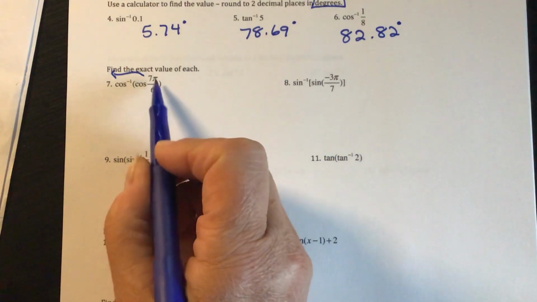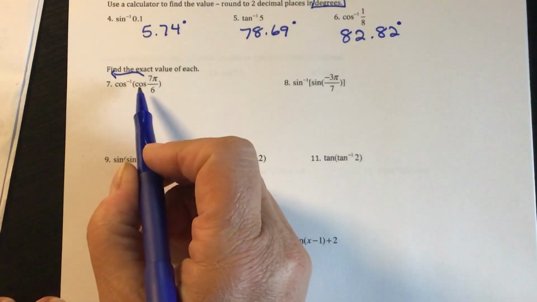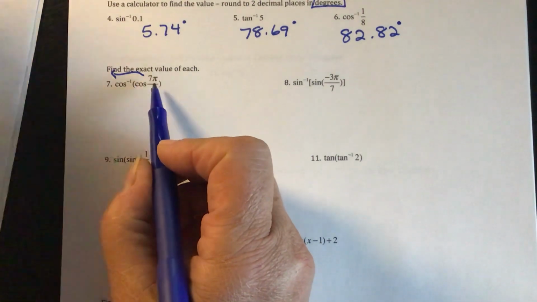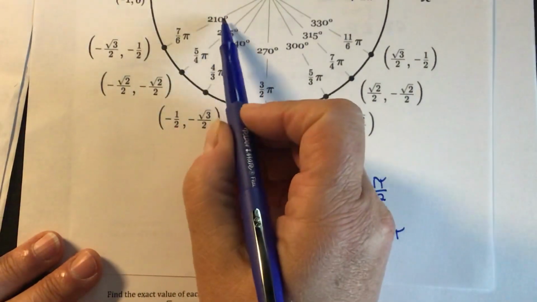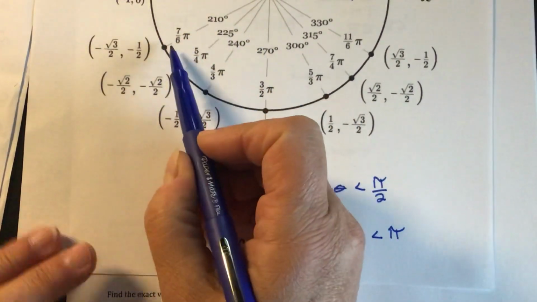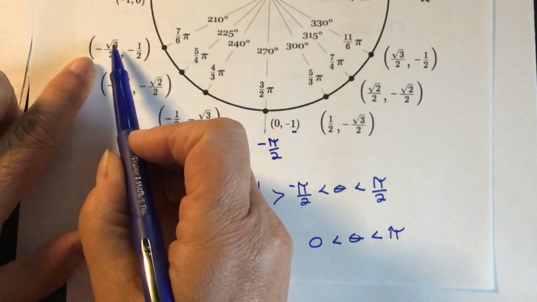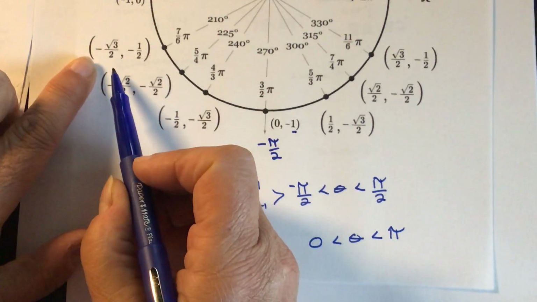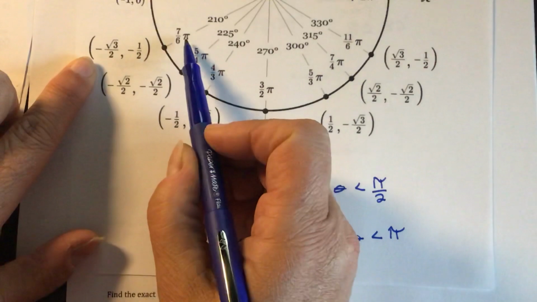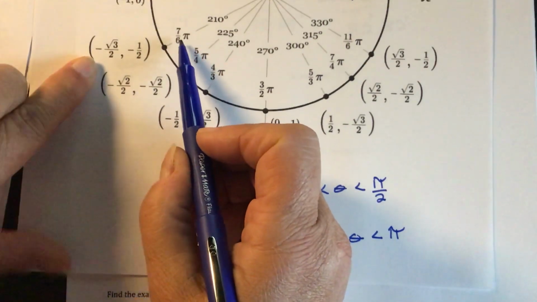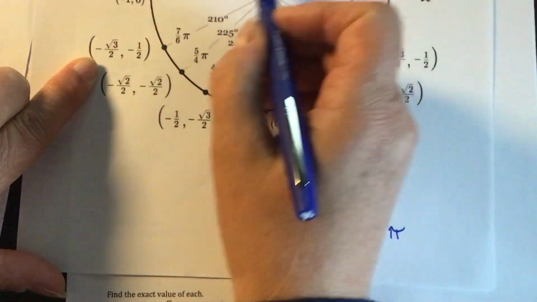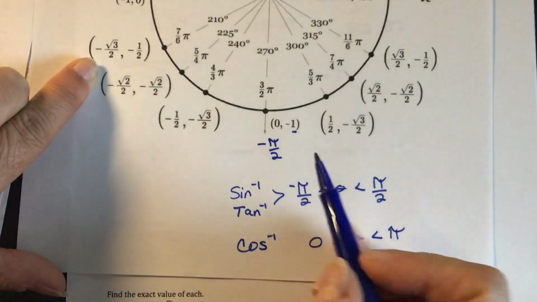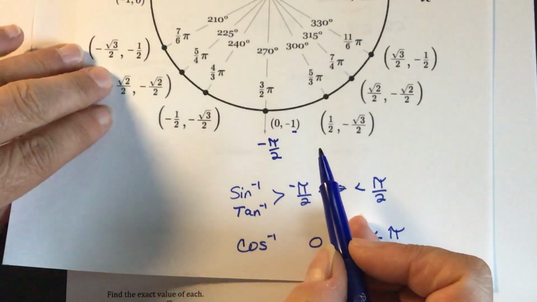So first I want to find cosine of 7 pi over 6. So 7 pi over 6 is right here, and the cosine is negative square root of 3 over 2. So this angle was not in the domain up here, so we just can't cancel the cosine and inverse cosine.